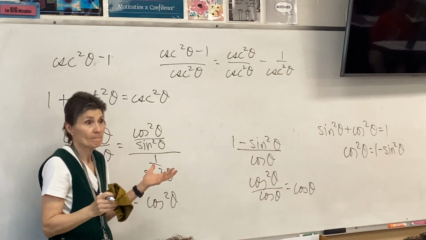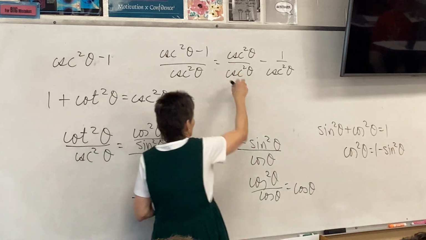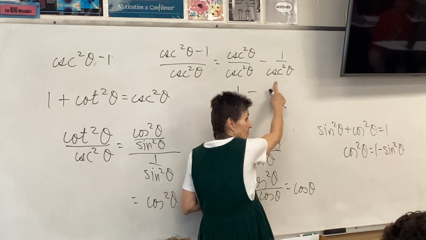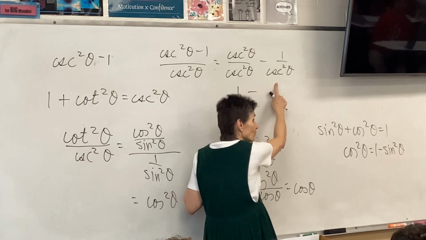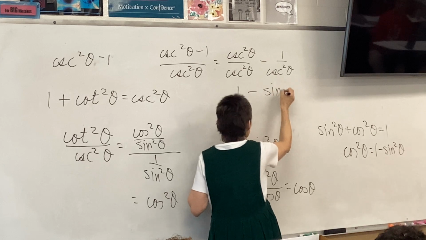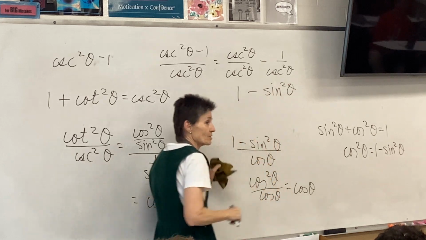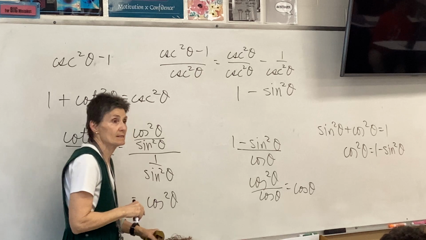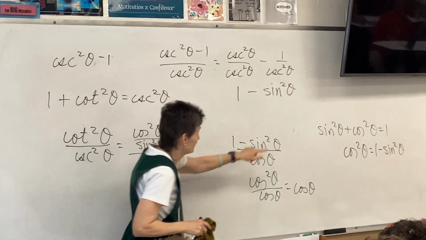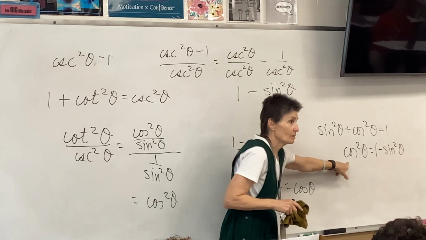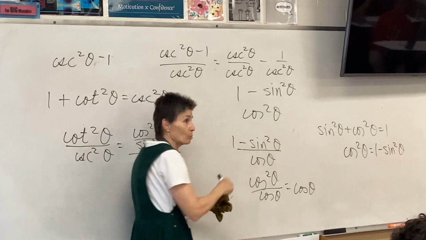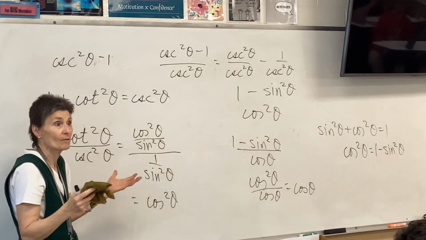That's an option. And this, of course, is 1. What's this? 1 over cosecant is what? Sine. They're reciprocals. So 1 over sine is cosecant, and 1 over cosecant is sine. What is 1 minus sine squared? Cosine squared? So that's another way you could have done the problem if that occurred to you. That's another option.